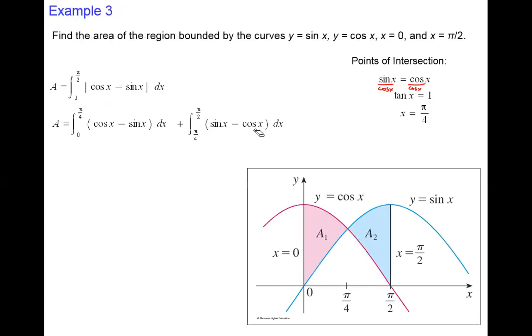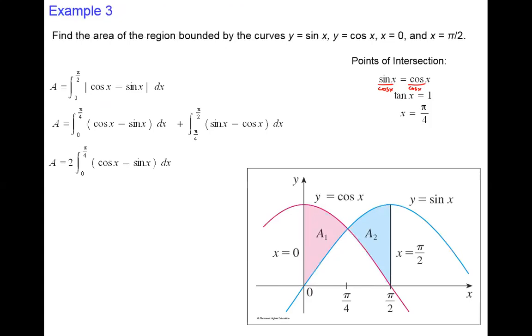The second line is the really nice setting. But as I mentioned, I can even pick one of them and multiply by 2. That's the symmetry, because they are identical regions. I pick this one because one of the limits of integration is 0. We like 0, the arithmetic is always a little bit easier.